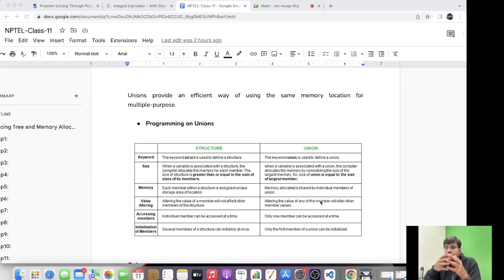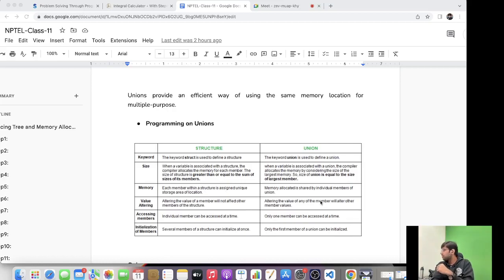Let's say you want to create a schema where you enter multiple data of a single entity: an employee name, employee number, employee salary, employee age, and employee ID card number, all bundled together. Structures are one effective way that you can represent the data in the C programming language. So that is all about structures and unions, and the subtle difference between them.